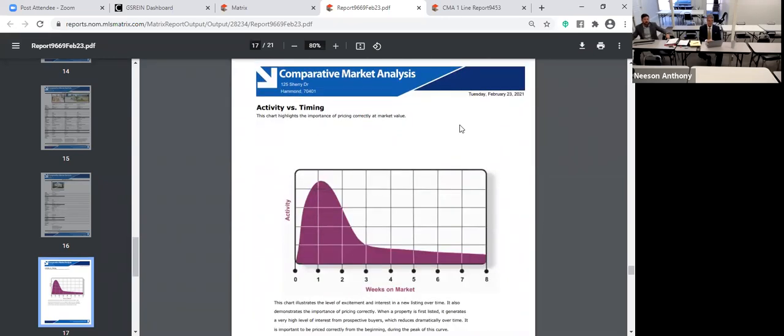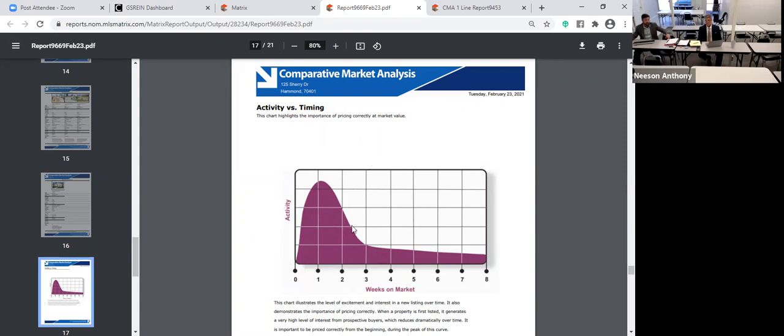Another static picture, I did activity versus timing. I like this one because it talks about, look, your activity when we list it in the first 2 weeks, very, very high. And then it very quickly starts bottoming out. So we want to make sure that we are priced where people are going to want to buy your property in these first couple of weeks.